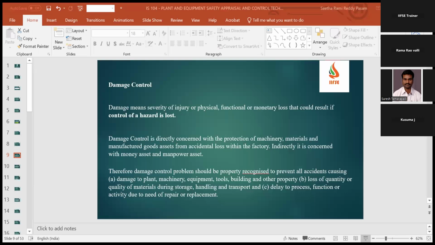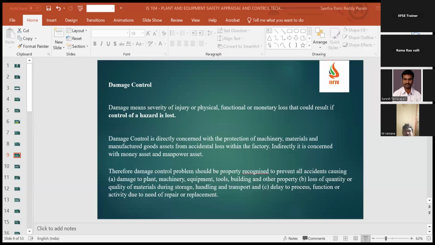It means the impact or the consequences of an accident, or physical or functional or monetary loss. Physical means damage to the property. Functional means the performance of an equipment. Monetary is the result of these losses that could result if control of a hazard is lost.